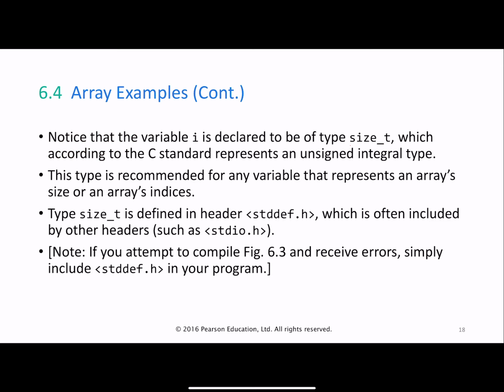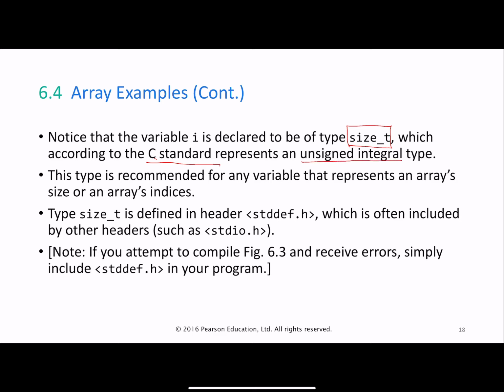Now size_t is a new variable type that was introduced sometime in the late 90s, early 2000s in C. So it is part of standard C, and the underlying data type is an unsigned integer.